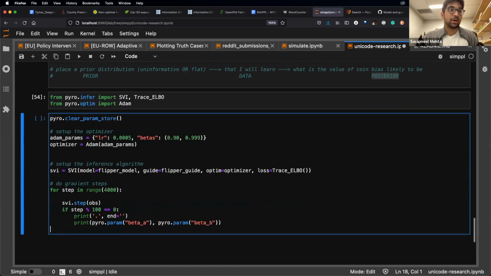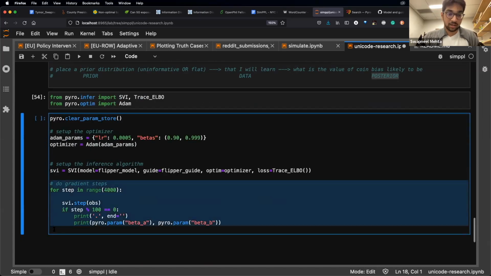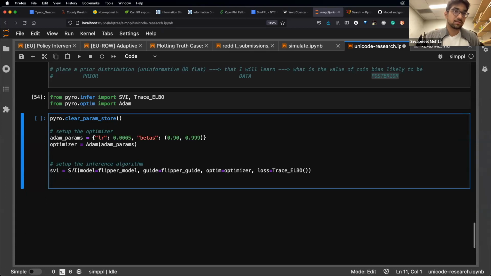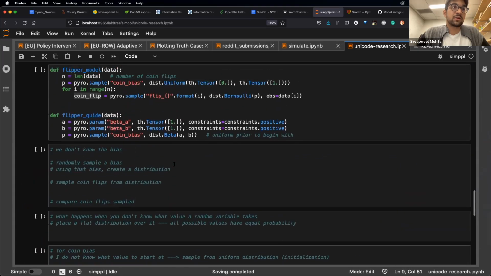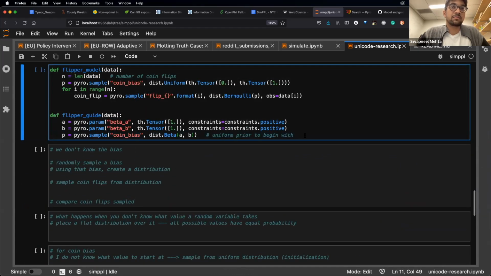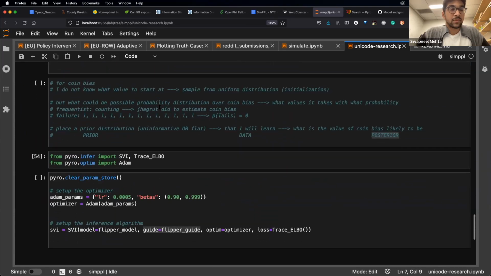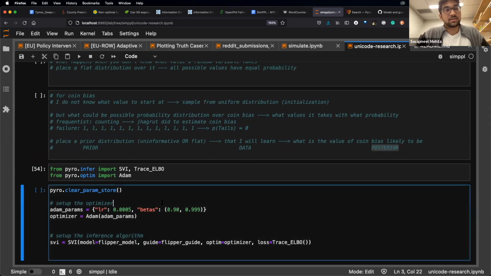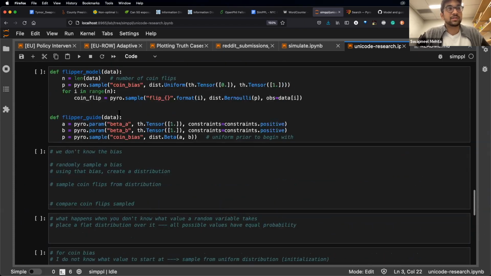Then what you're doing is defining a loss function that says, I will take the model, I will take the guide. Remember that the guide was our approximation. Our model is our approximation to the true world.